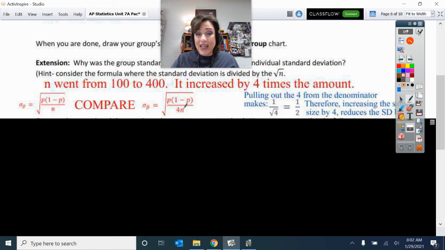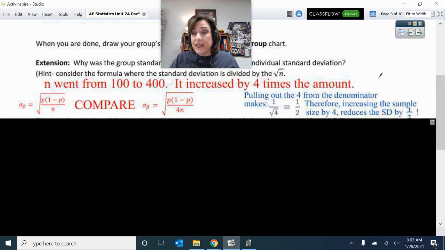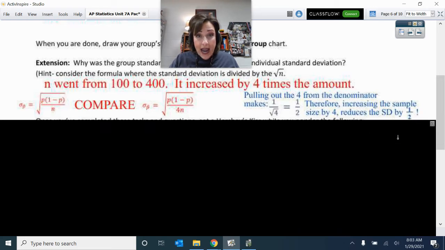Now, let's take out this 4 and see what happens. Pulling out the 4 from the denominator makes, in front of this here, 1 over the square root of 4, which is 1/2. So there is why it was basically exactly 1/2. Therefore, increasing the sample size by 4 reduced the standard deviation by 1/2.